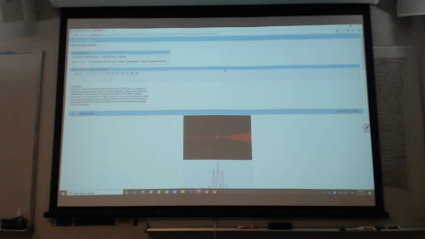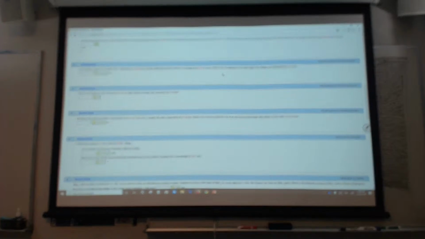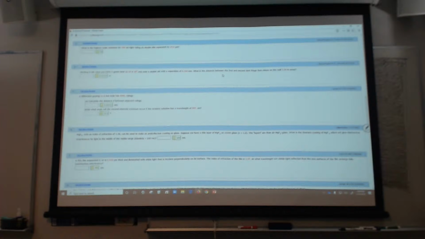If that gives you the answer in the visible spectrum, you're done. If it gives you an answer outside of the visible spectrum, that means M equals 1 doesn't work and you need to try the next one. Okay. Do you have a specific problem in mind you would want to discuss?